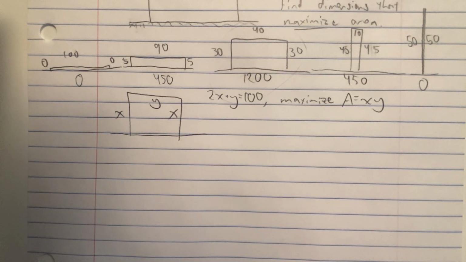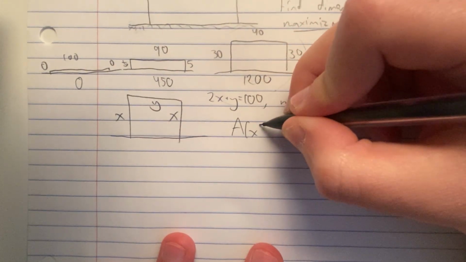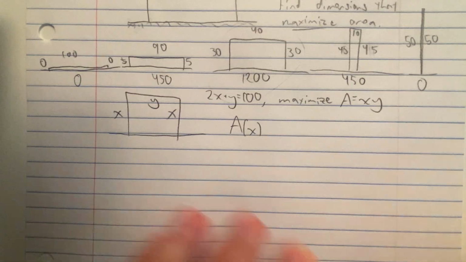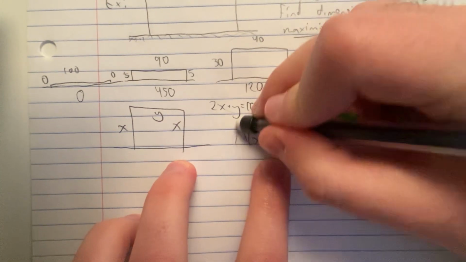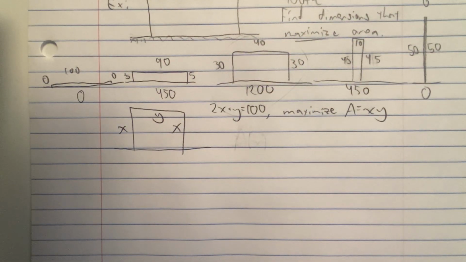To use the tools that we have at our disposal, it's going to be most convenient to put this into a function with only one variable. And how can we do that? I've given away the answer, but the question is, which variable is most convenient to use?